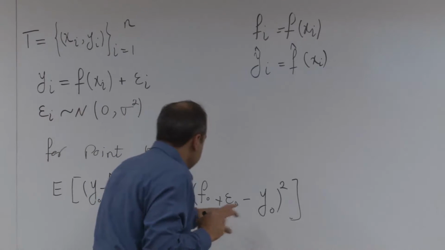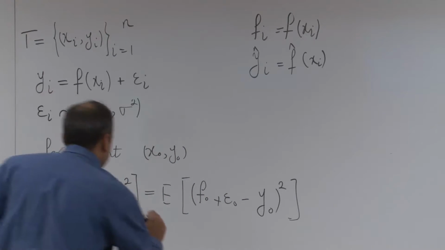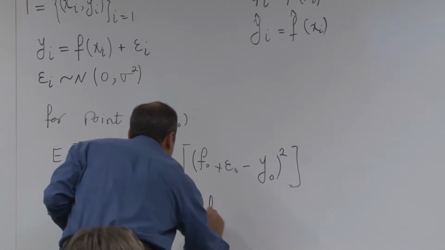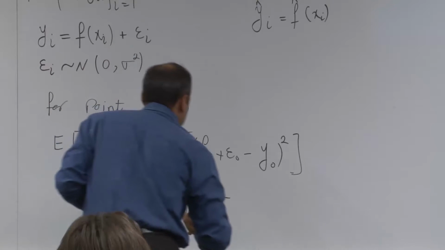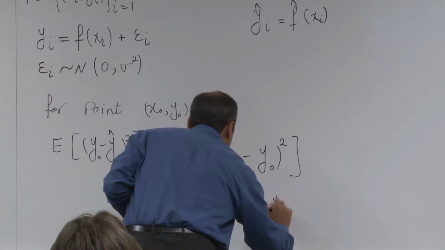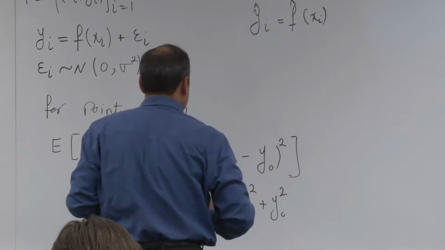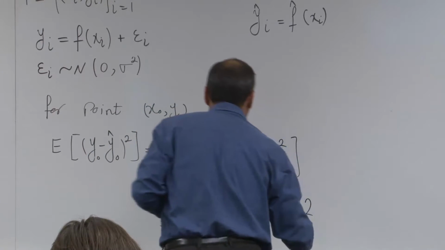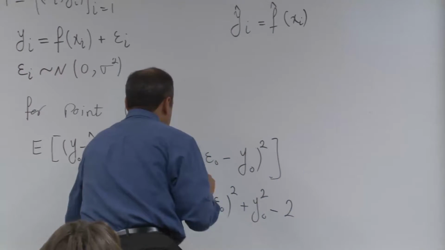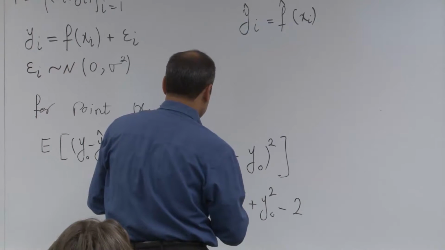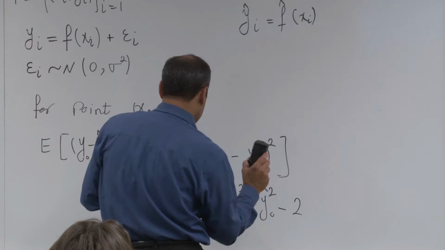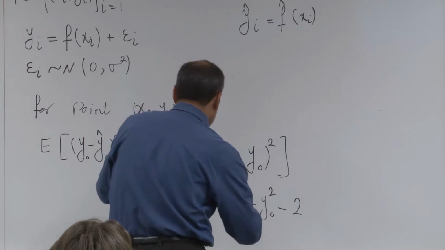Okay, so let me expand this. This is going to be f null plus epsilon null squared plus y null squared minus 2... let me rearrange it this way.